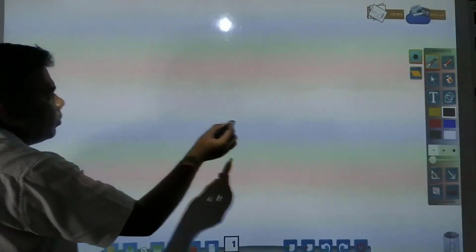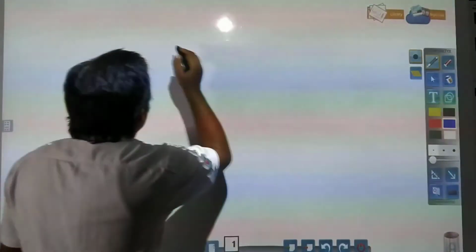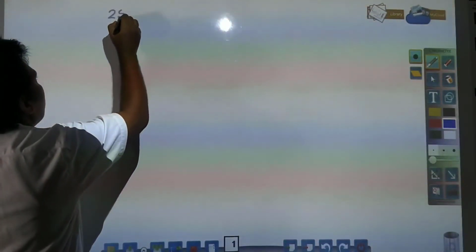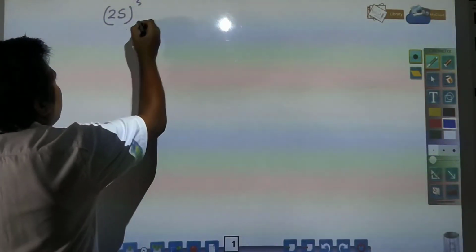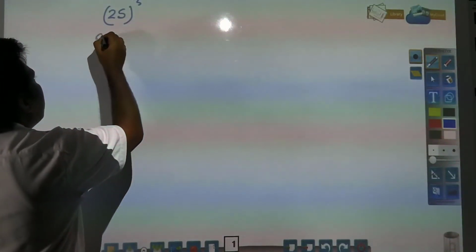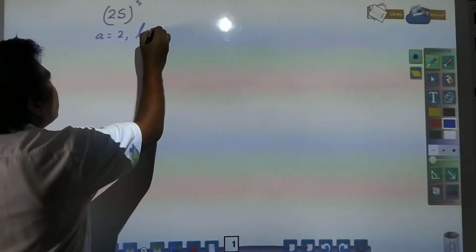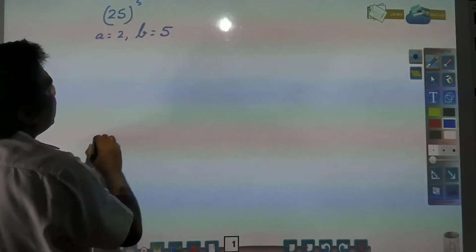You see, 25 cube you need to find out. So again here you have a is equal to 2 and b is equal to 5.